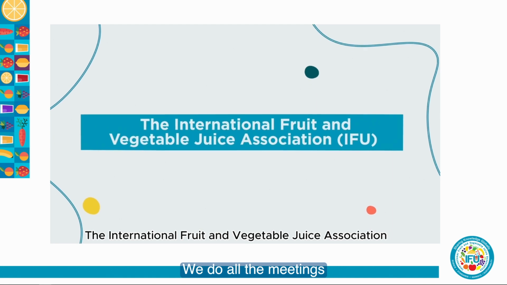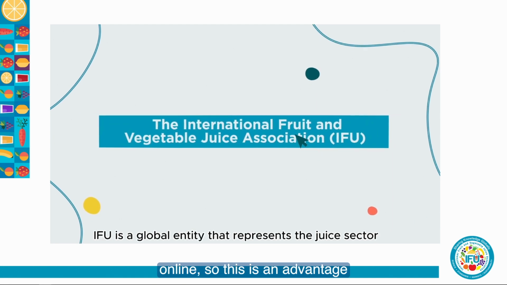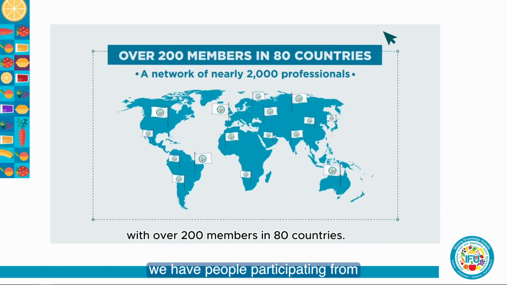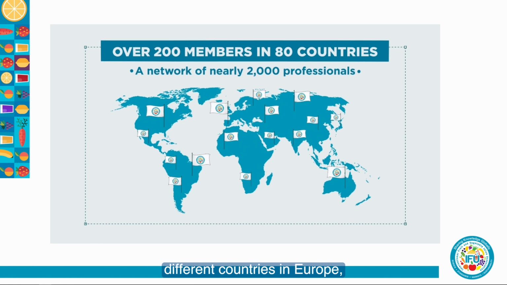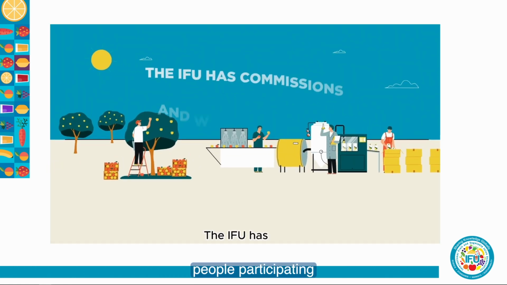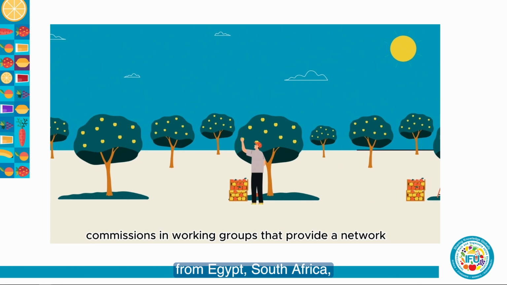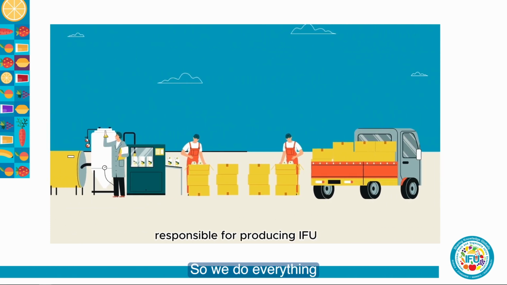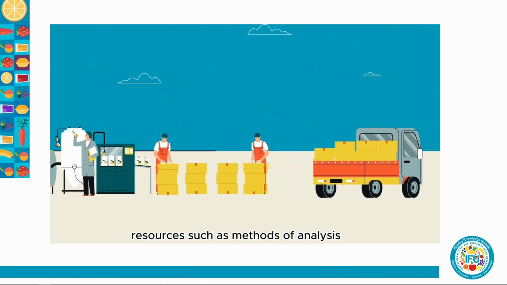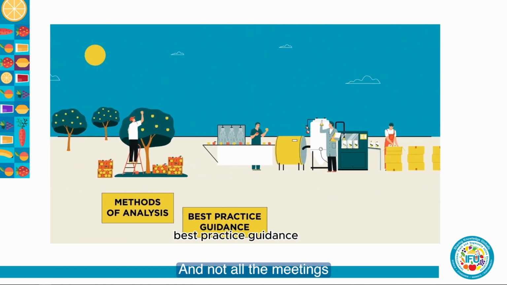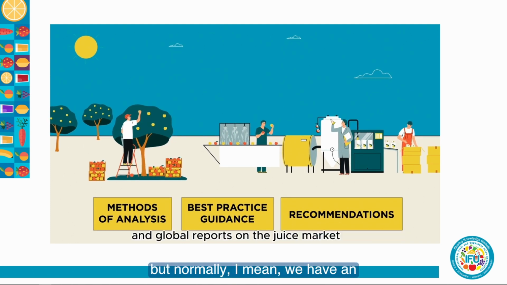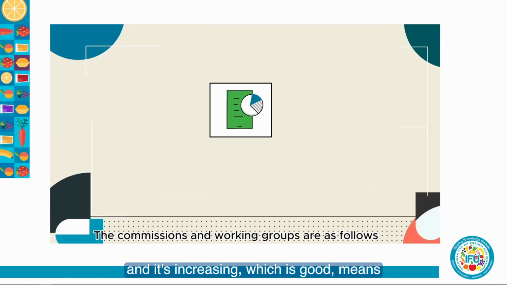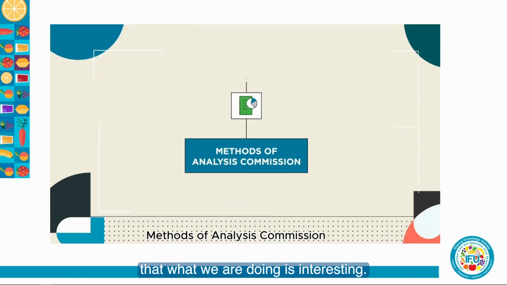We do all the meetings online, which is an advantage, because we have people participating from Vietnam, from different countries in Europe, from Egypt, South Africa, and the Americas. Not all the meetings will have all these people, but normally we have an important number of participants, and it's increasing, which is good, because it means that what we are doing is interesting.